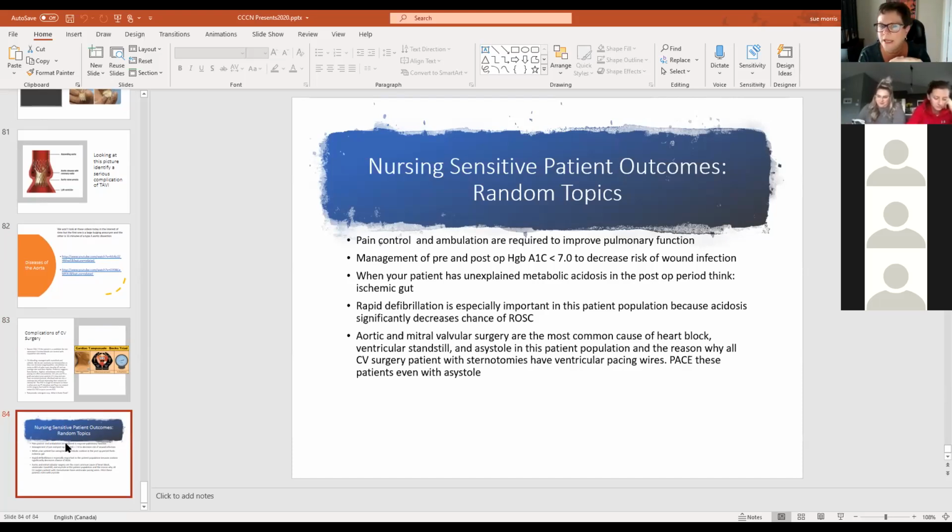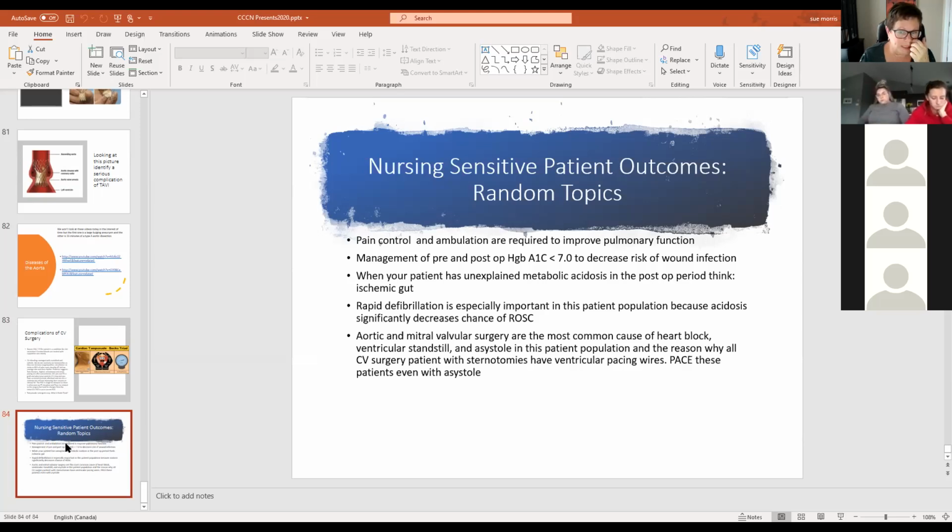Pain control and ambulation are what are required to limit pulmonary complications. Managing your pre and post hemoglobin A1C will decrease your risk of wound infection. So hemoglobin A1C less than 7 is super important. When your patient has unexplained metabolic acidosis in the post-op period, think ischemic gut.